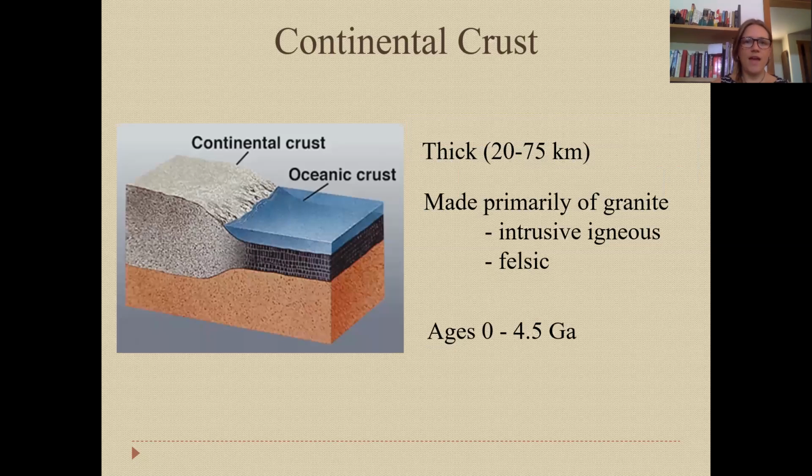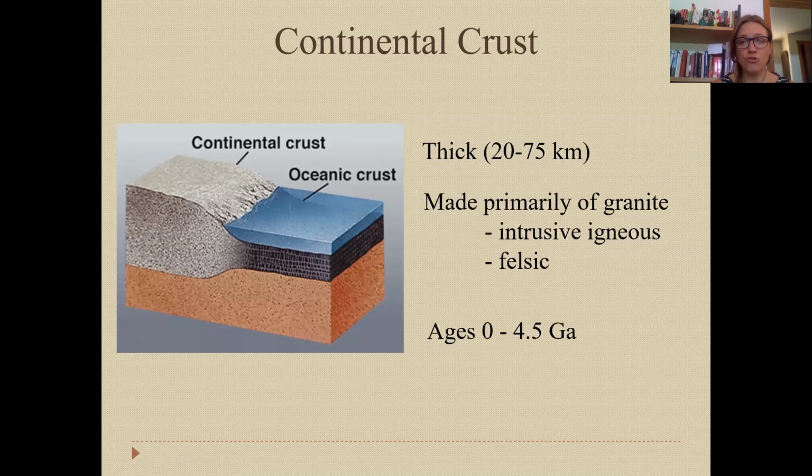So this is different than moving over here to the rocks that form on the continents. And you can see this big thick piece is a lot thicker than this little black piece that is allowing the ocean to sit on top of it. So these continental rocks and the crust are a lot thicker, 20 to 75 kilometers thick. It's made primarily of a rock called granite that you would probably recognize from its classic salt and pepper-ish look.